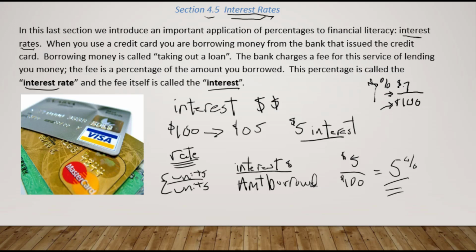It just means for every 100 that you borrow. So if you borrowed $200, for example, you would pay $14 in interest. Notice the equivalency between those two.